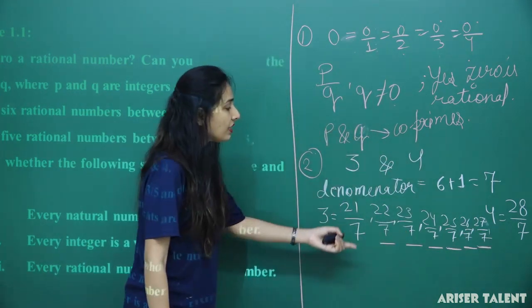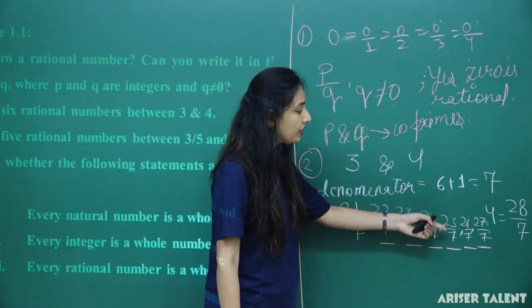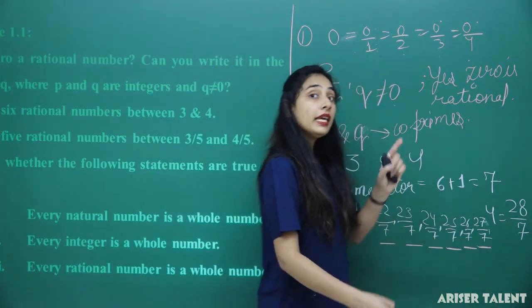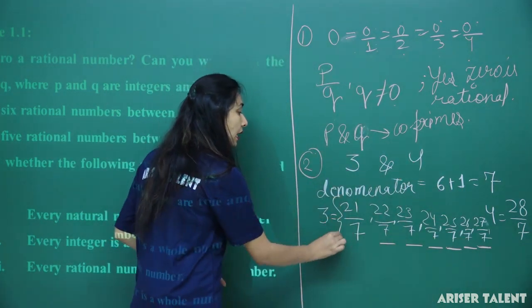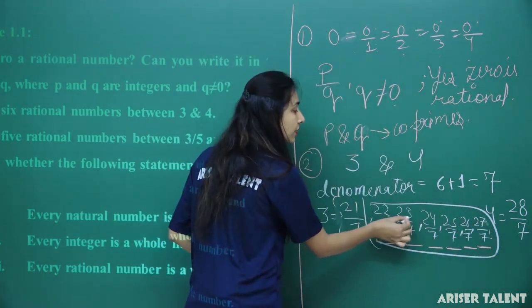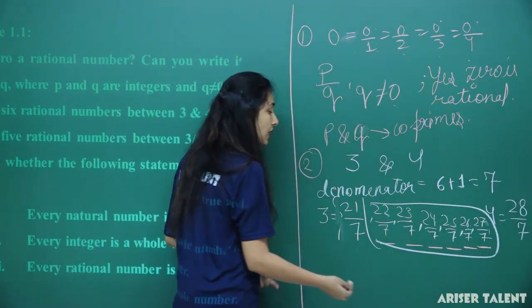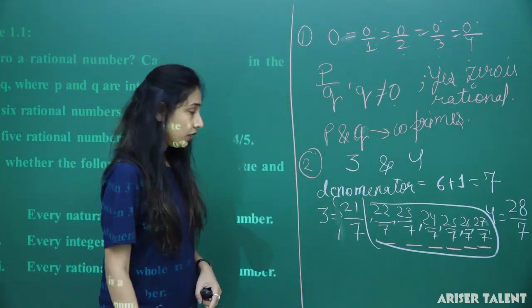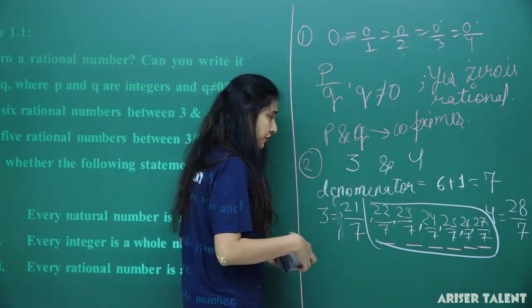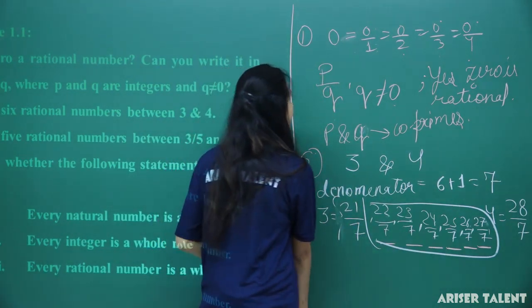So 22 by 7, 23 by 7, 24 by 7, 25 by 7, 26 by 7 and 27 by 7 is your answer. These are the 6 numbers between 3 and 4, and these are all rational numbers. So this is about the first and second question.